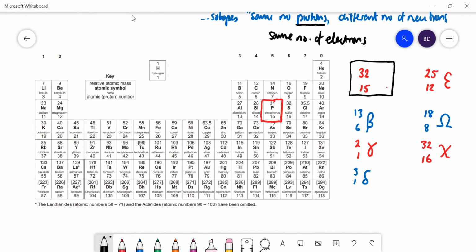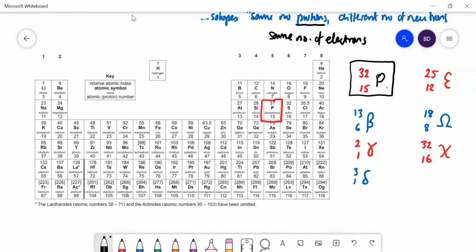That version of phosphorus has got a mass number of 32, so it's got 17 neutrons, and the one in our periodic table has only got 16. That is actually a radioactive version of phosphorus, which doesn't occur naturally, but it's made in nuclear reactors and things, but it does exist.